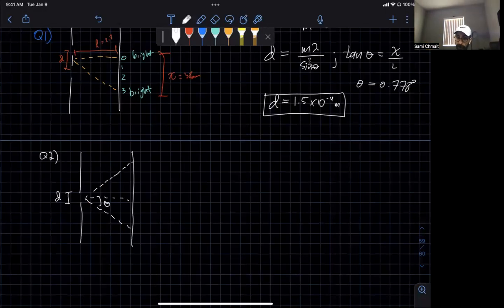Let's call the distance from this position to this position alpha, and from here to here, let's call this x. Therefore, alpha is equal to 2x.